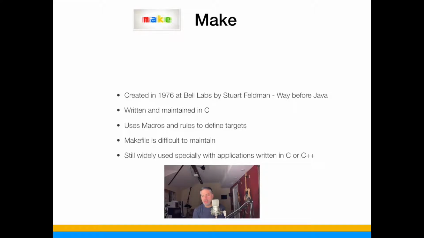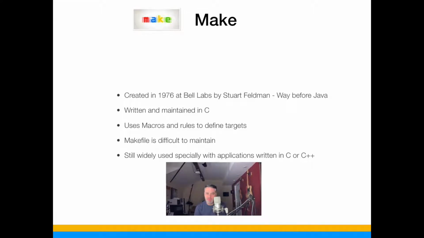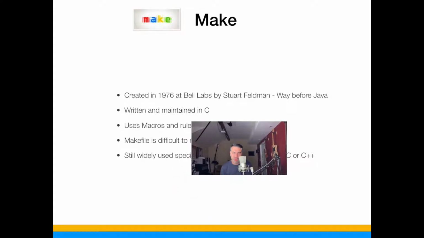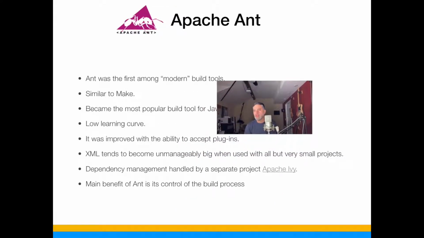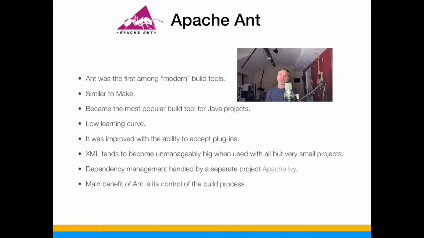Makefiles are complicated, cumbersome, and sometimes really picky as far as the spacing goes. So they are not the best thing to maintain, but it's still widely used in applications. Like I said, if you were going to use a Linux kernel, you most likely would be using Make.